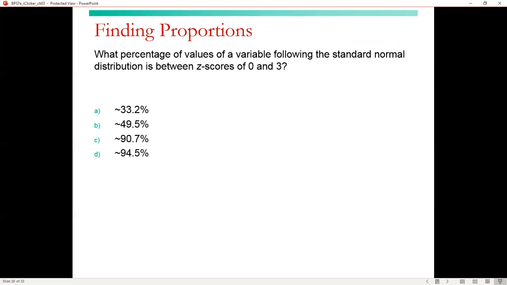So if we're imagining a bell curve, then we have represented nearly 50% of the data because we're starting at the center and covering the entire right side of the distribution.